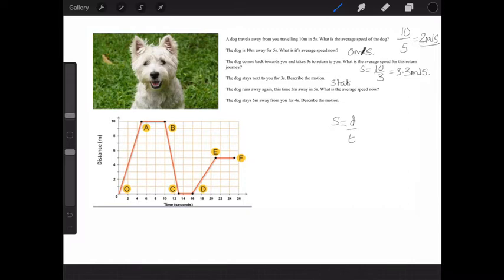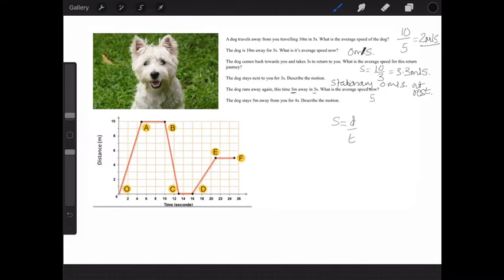They're moving, not moving. Stationary, 0 metres per second here. Another word we use for that sometimes is at rest. That's a good motion term to sneak into the video. The dog runs away again. So if the dog's running away, this time it's only travelling 5 metres in 5 seconds.